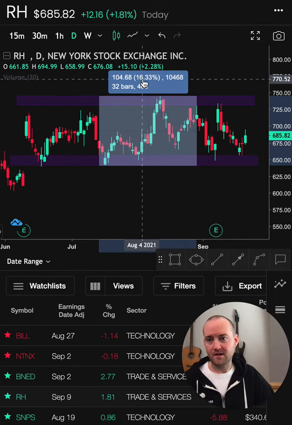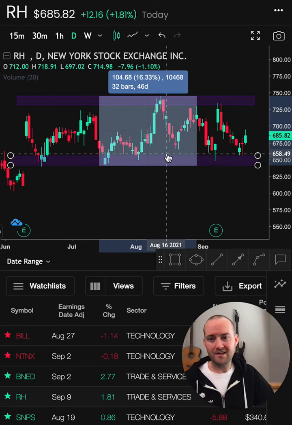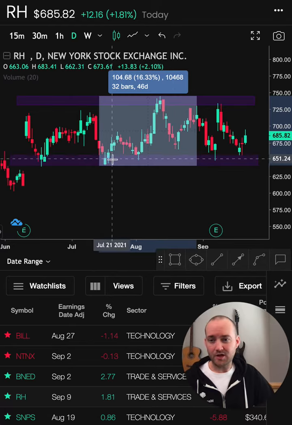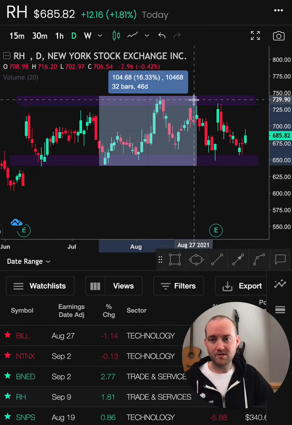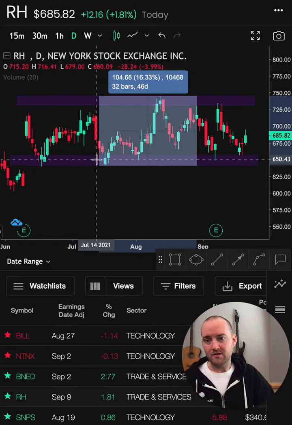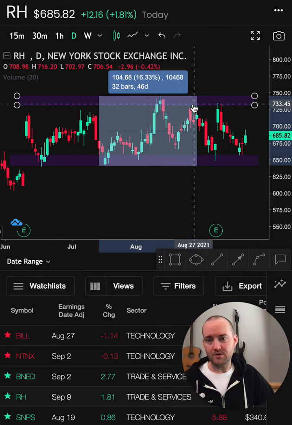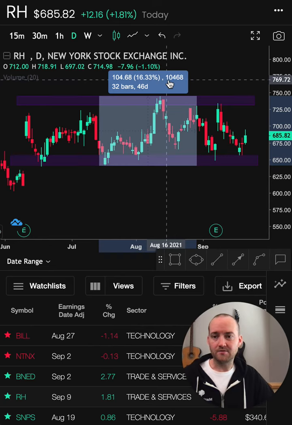So this has about a 15 or 16% range, and that gives us enough cushion not to try and predict where the bottom will be, which is impossible, or predict where the top will be, but rather get a good position in this zone and still get a good profit out of the trade.